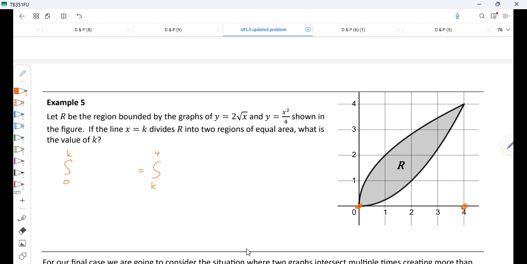We need to be able to figure out which of those functions is which. So we have y equals 2 square root of x and y equals x squared over 4. Which is the upper function? 2 square root of x, yeah. So a square root function is really just a parabola tipped on its side, but then with the lower half cut off.